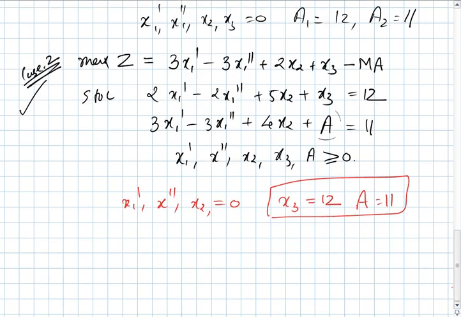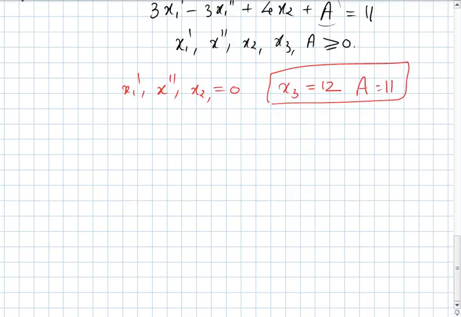Writing the first initial table from that: x3's value is 12, a's value is 11, that is xb, then the coefficients of x1', x1'', x2, x3 and a.